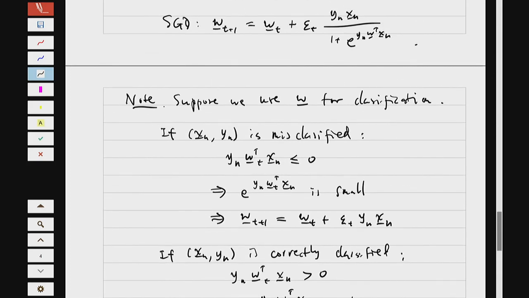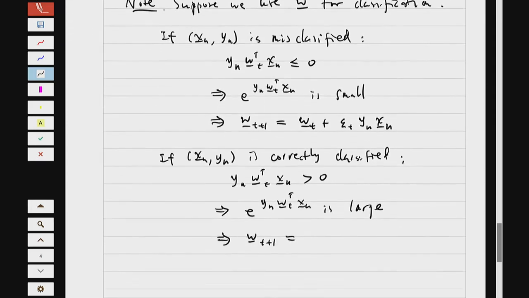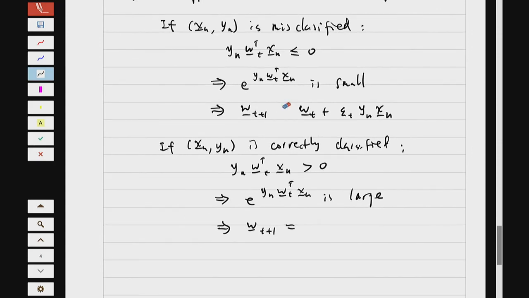With the SGD, if e to something is large, then the denominator is very large and the ratio becomes 0. So we don't update. Let's say this is approximately equal to W_t, no update.